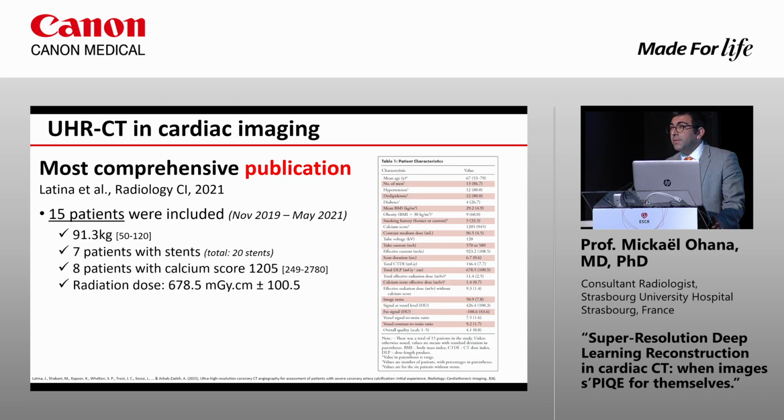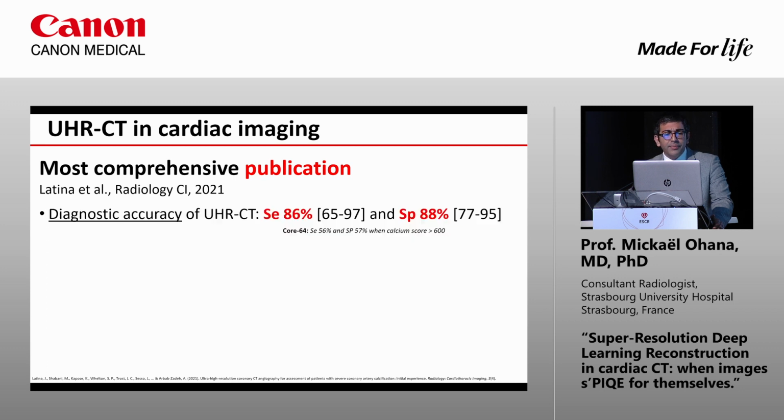So in the end, 15 patients were included. These are quite challenging patients because they were quite big, 91 kilograms in median, either with stents or with a high calcium score. You can see that the radiation dose was relatively high.